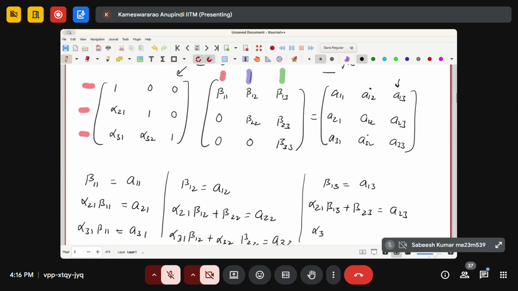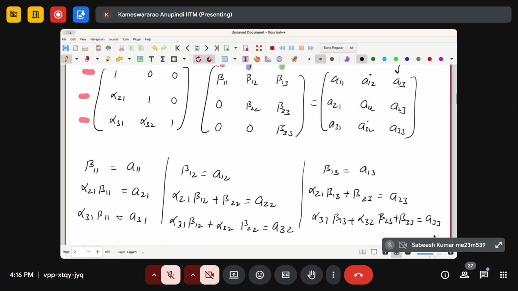Similarly, alpha 31 beta 13 plus alpha 32 beta 23 plus beta 33 equals A33. Okay, is that correct? Is everybody able to follow? We just did a matrix multiplication for this problem.